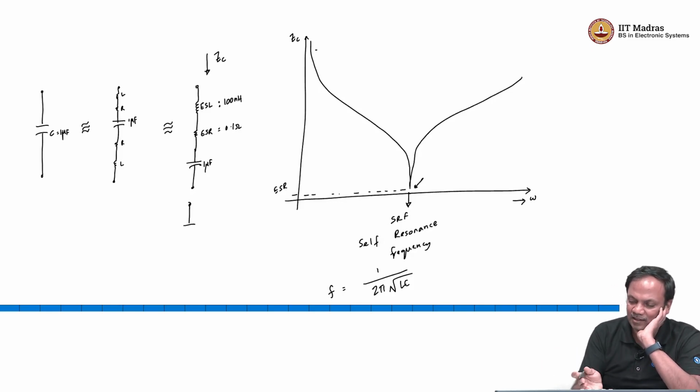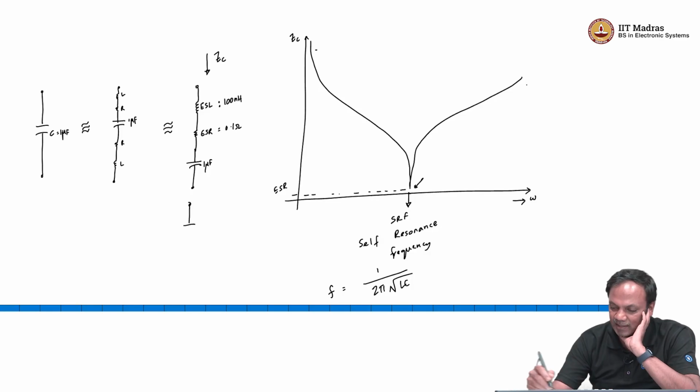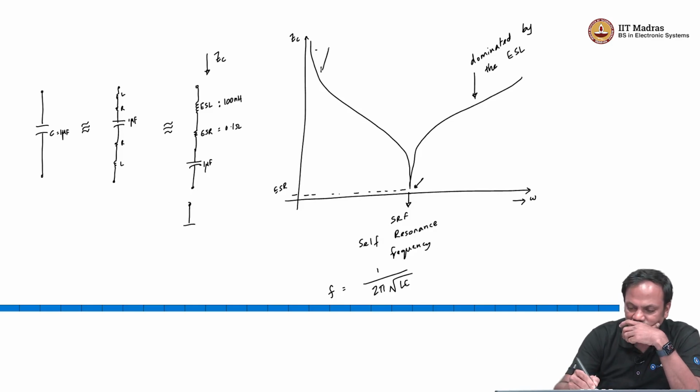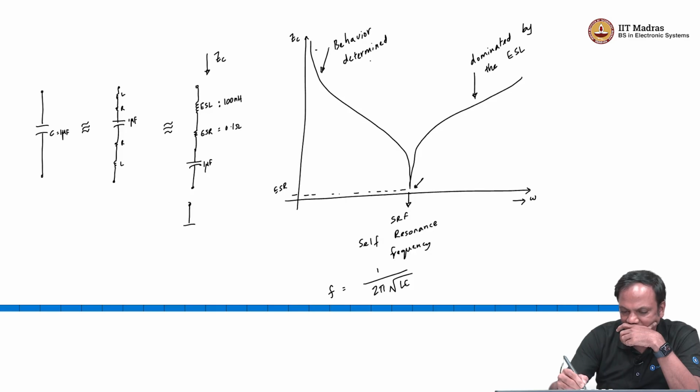And then the impedance will start to increase, right. Here it is now dominated by the effective series inductance. Below resonance, the behavior is determined by the capacitance.